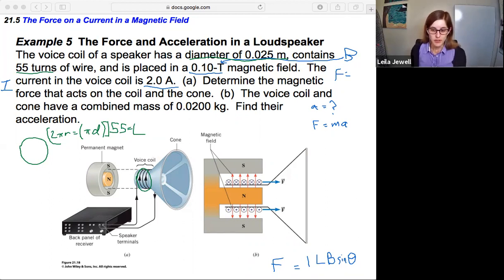The other thing we need to figure out is the angle between the length and the magnetic field. So notice here in the cross-sectional picture, you see the wires that have current either coming out at us with the dots or going into it, but the magnetic field is passing right perpendicular to those wires.